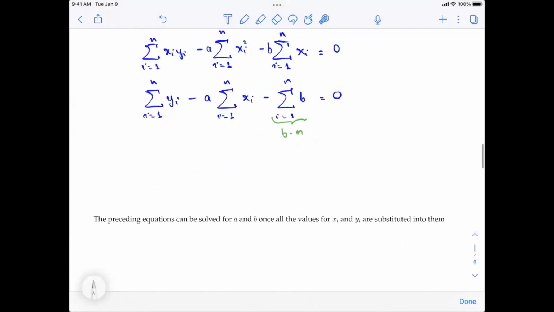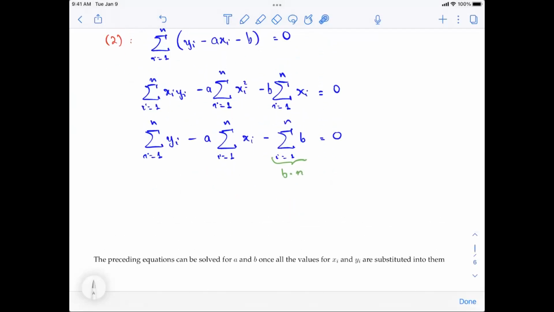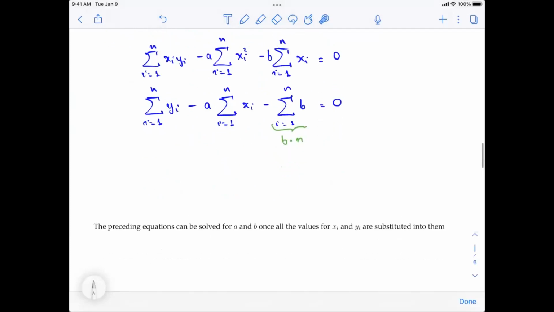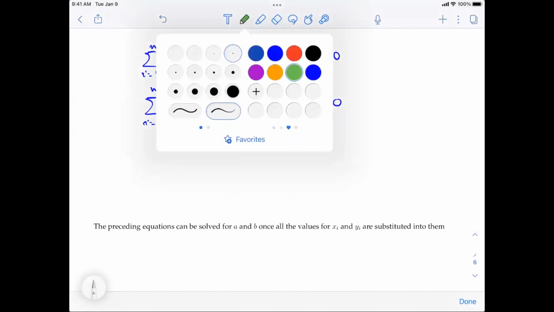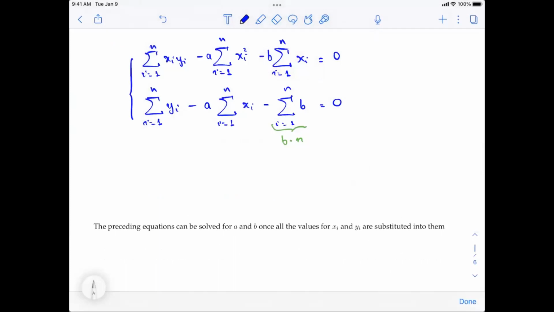Now you're going to rearrange the terms so that you can have the following equations. This is one system. Another system we have here. We're going to arrange things around.